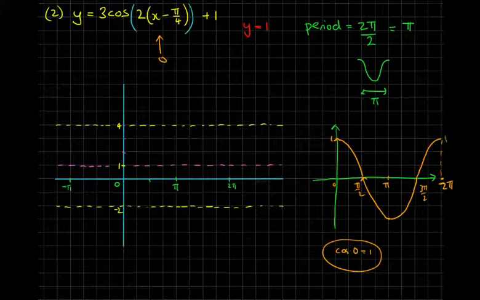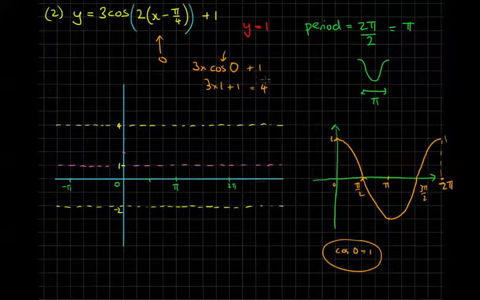Then we would have 3 times cos of 0, plus 1. But what's cos of 0? According to this graph, it's 1. So we do 3 times 1, add 1, you get 4. That makes sense, so the top of the graph is going to be at 4.